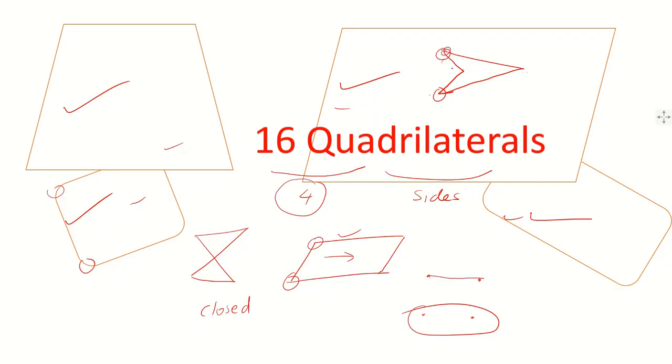If I connect these 2 points, this is on one side of it, and the other lies on the other side. According to the principle, when 2 points are joined, the other 2 points must lie on the same side of that line. That is the rule. Because of that rule, if you draw a figure like this, it is not a quadrilateral.